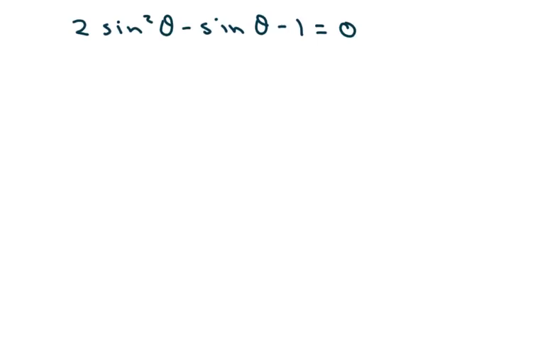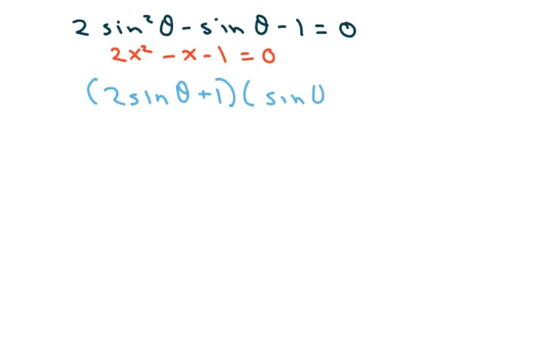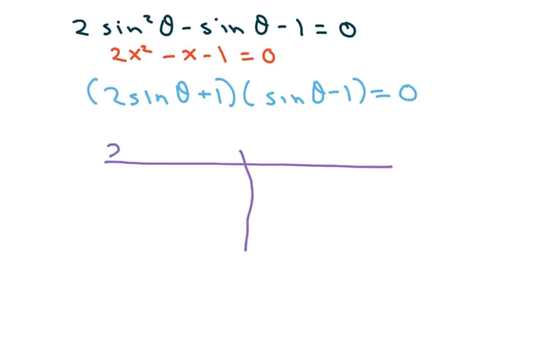Okay, the next one is one we're going to have to factor. It is a trinomial. So this would be like saying 2x squared minus x minus 1 equals 0. And so you're just factoring it like that. And what we're going to get is 2 sine of theta plus 1 times sine of theta minus 1 equals 0. Now break this up, and we have 2 sine of theta plus 1 equals 0, or sine of theta minus 1 equals 0.